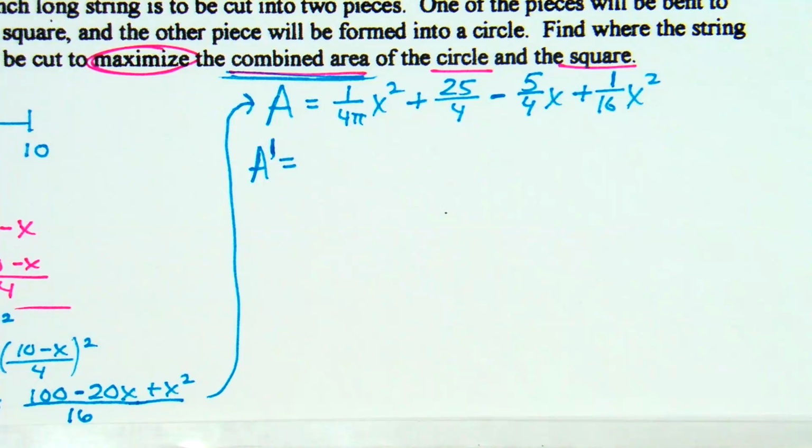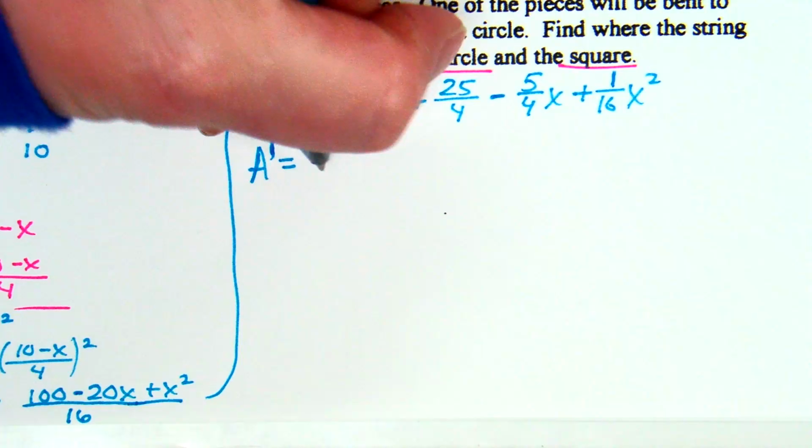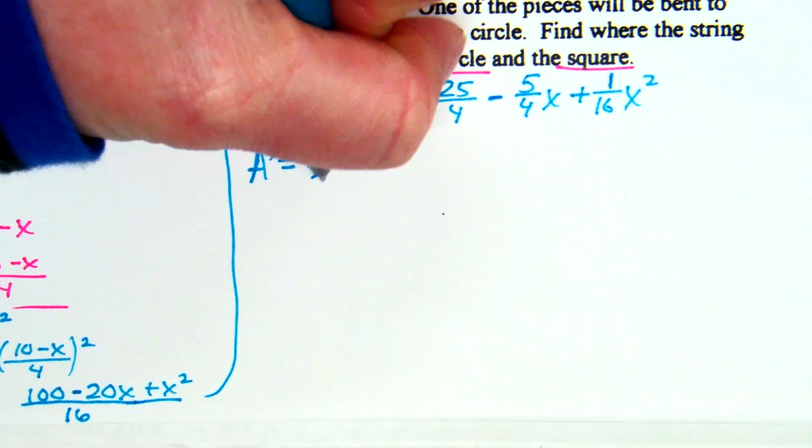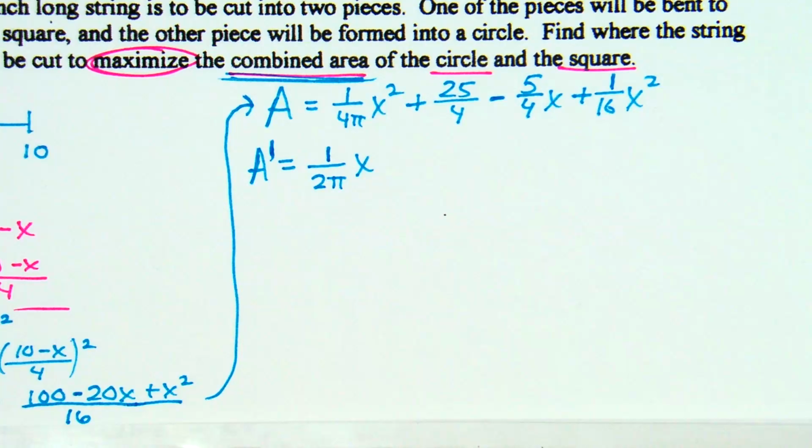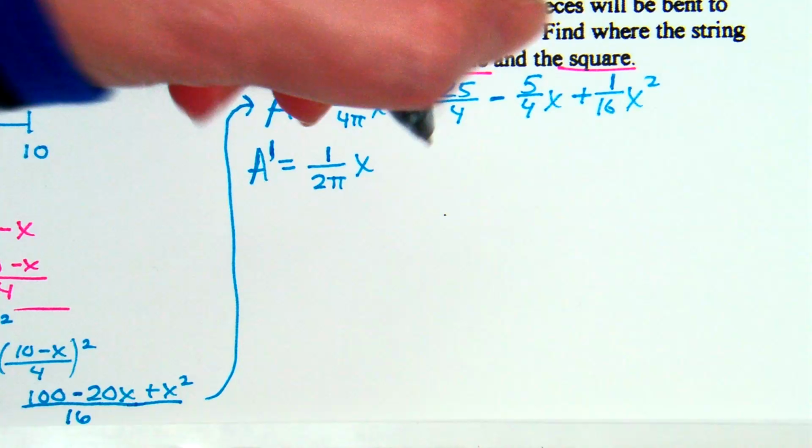Multiply by the 2. 2 over 4 pi can really reduce to 1 over 2 pi and then x. Derivative of 25 fourths, 0.